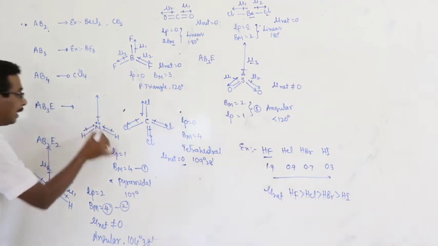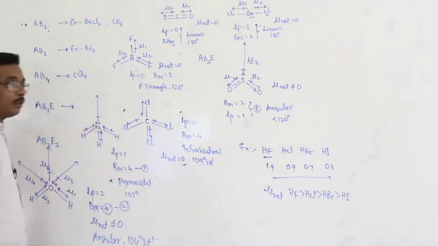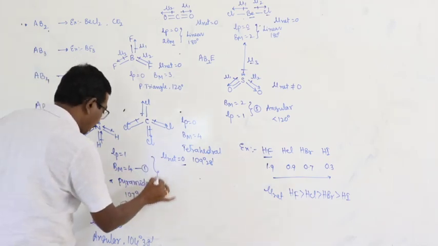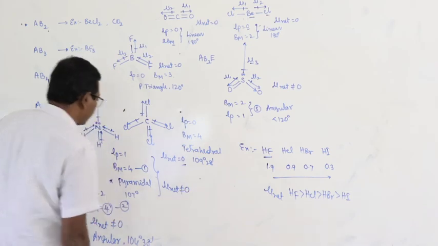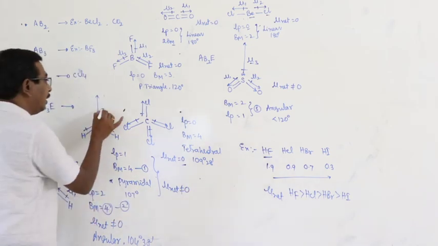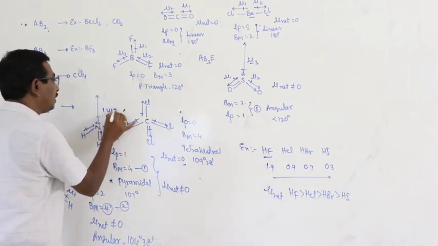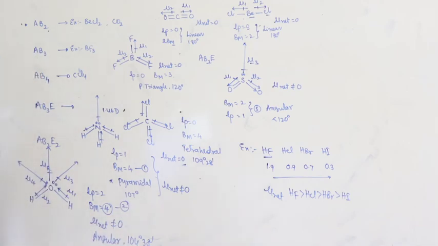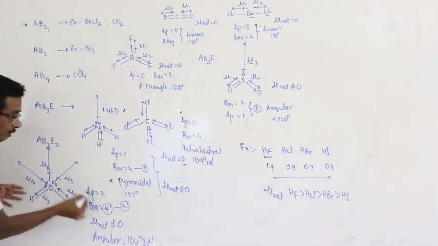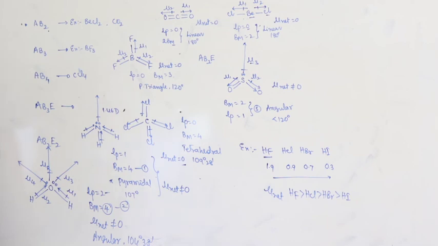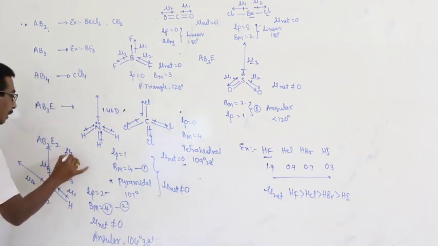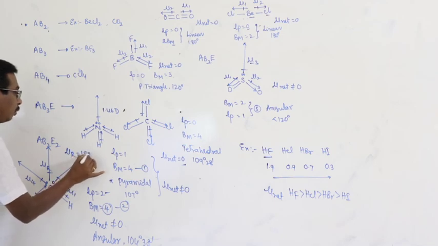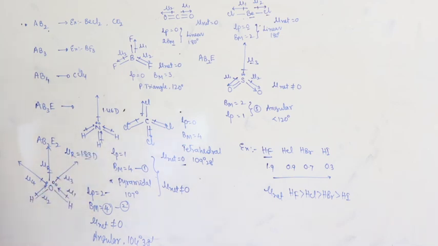Example, in ammonia number of lone pairs is equal to 1. Here, dipole moment is not equal to 0. But the value is 1.46 debyes. Here, in case of water molecule, number of lone pairs 2. Dipole moment is not equal to 0. But here, net dipole moment is equal to 1.83 debyes.